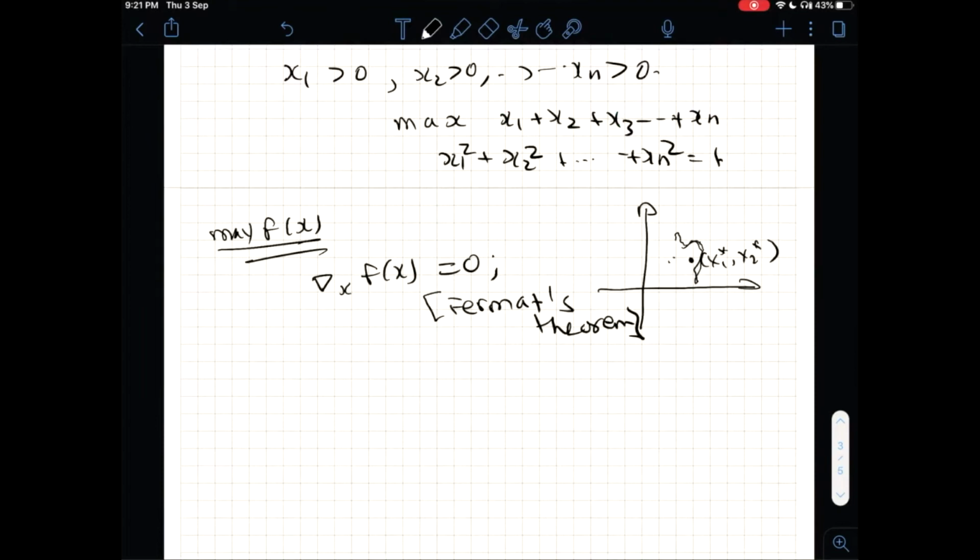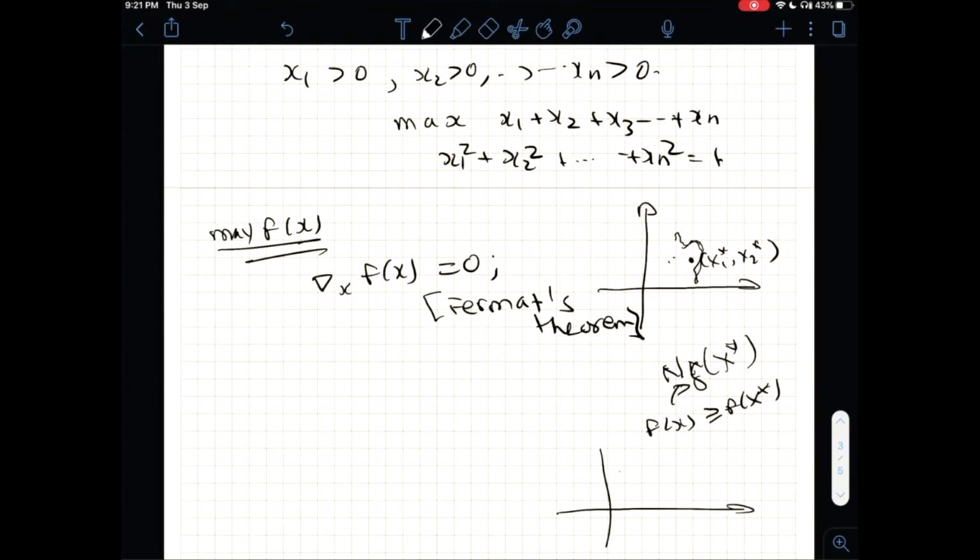0, and if you move anywhere in its vicinity, in a small enough neighborhood delta, there will exist such a neighborhood. You will find that f of x in that neighborhood is always less than or equal to f of x star.